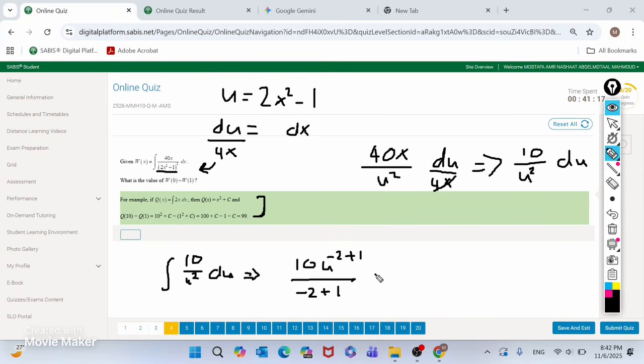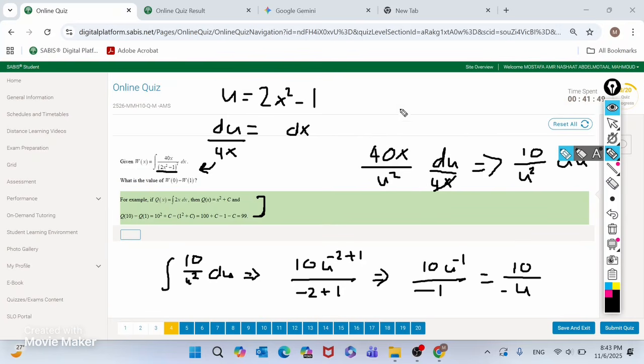So this is gonna give us 10 u to the power of negative 1 over negative 1, which is just 10 over negative u, right? Now we have 10 over negative u.